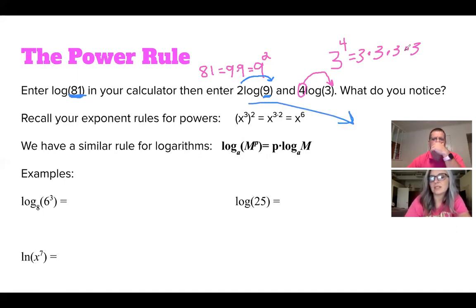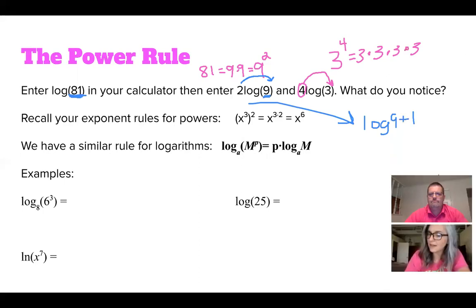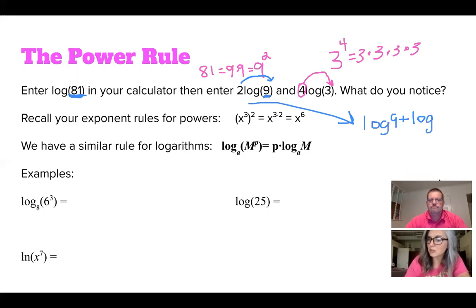Another way to think about this, and you may hate me for this, but 2 log 9s would really just be log 9 plus log 9. And we already talked about this, log 9 plus log 9 we can pull together and say, okay, that's log of 9 times 9. Wait a second, I can combine these rules?